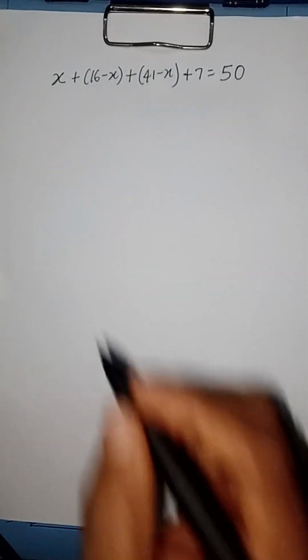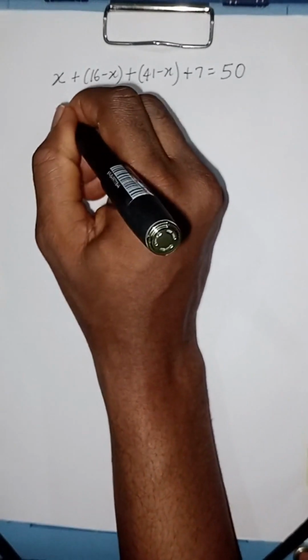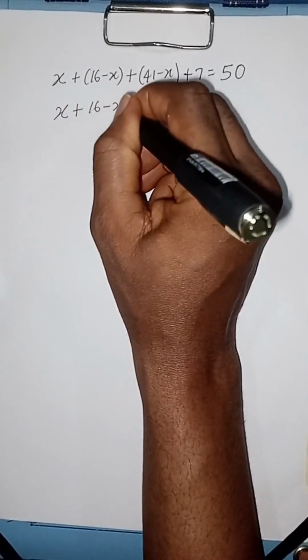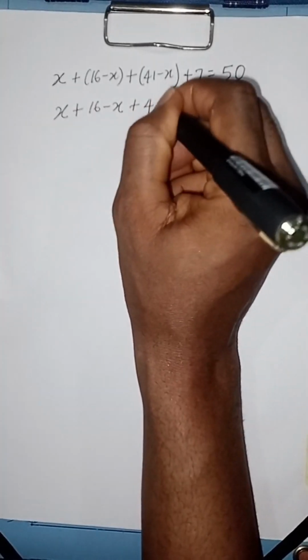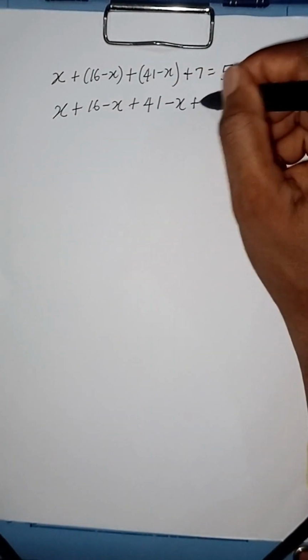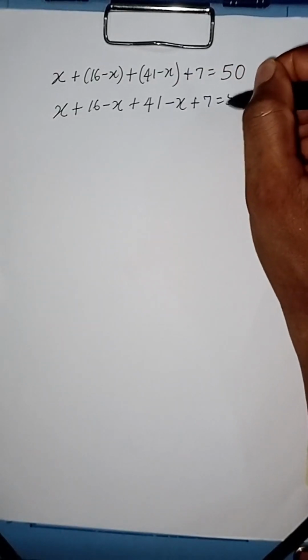So you can expand this. It becomes X plus 16 minus X plus 41 minus X plus 7 equal to 50.